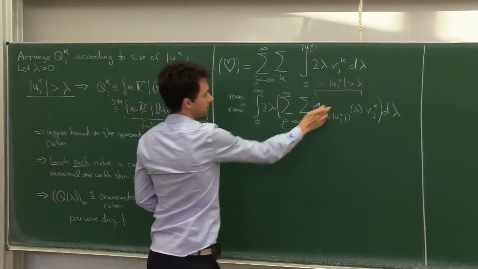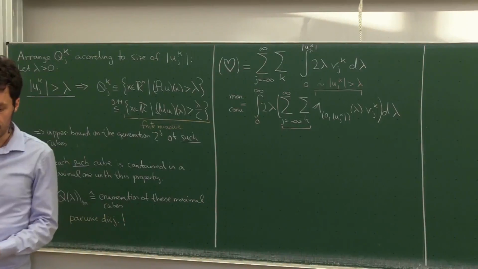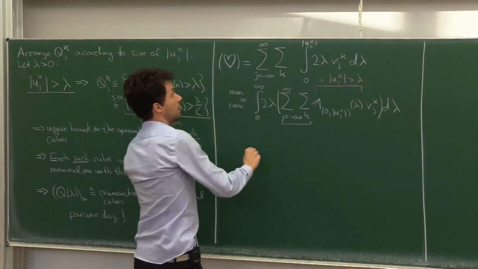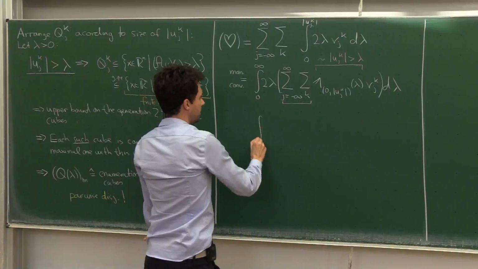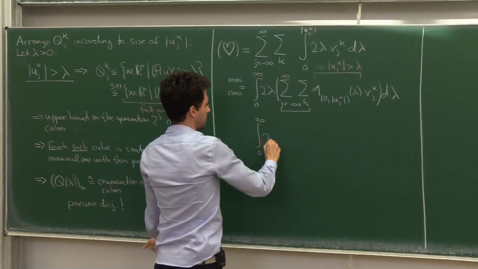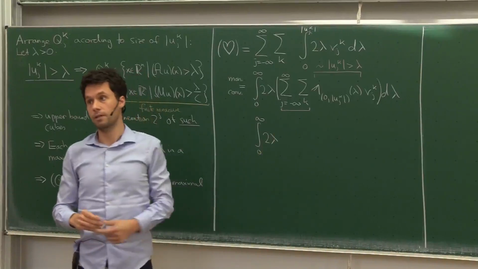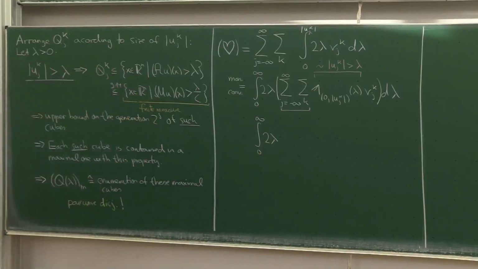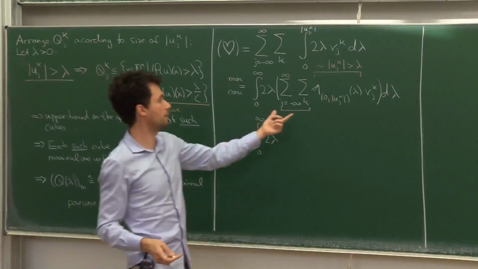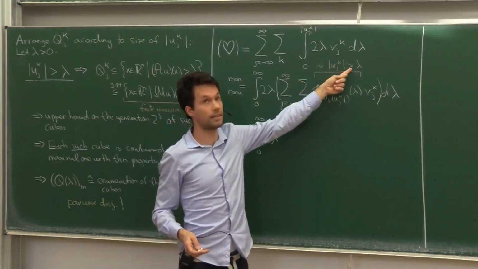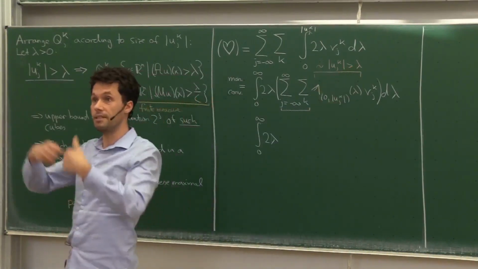Well, this is the only way that this thing can become 1. So now what am I doing? Now comes the crucial step in the argument. I'm leaving the lambda integral as it is, and here I'm summing over a bunch of cubes, and all these cubes I'm ever going to see in my sum have the property that u_jk in absolute value is larger than lambda.